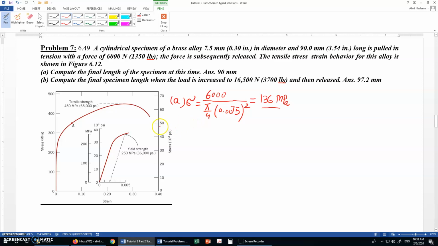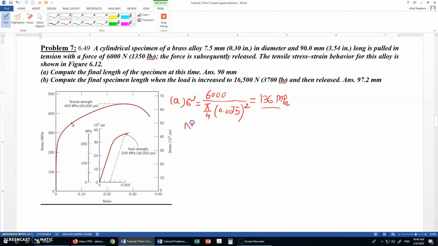So since the stress is in the elastic range, after we release the stress there will be no final change in the length.